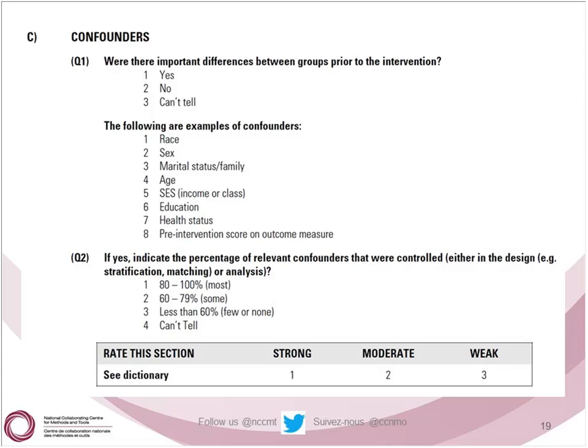I've done a number of systematic reviews, I've used this tool in the past, and have seen many trials that end up being rated weak. And then we have other types of designs that, if they have done well on other items, might be rated overall higher than some of the RCTs that we come across.